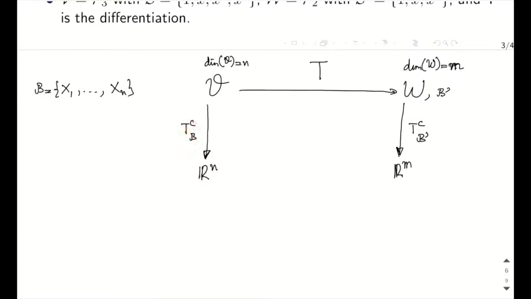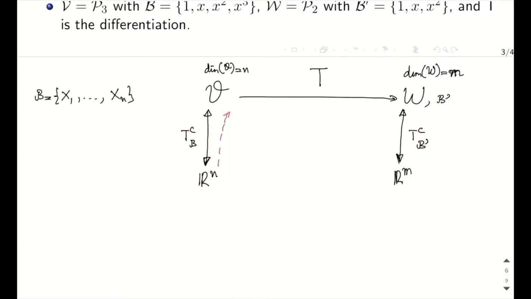This coordinate transformation allows us to go freely back and forth between the two spaces. This is TCB inverse. Then you go from V to W by T, and then you go here to Rm by TCB prime. All right.